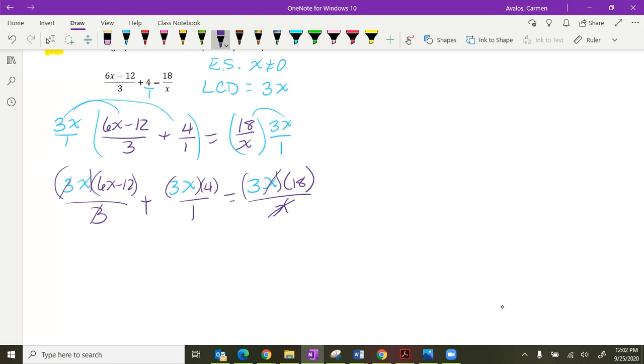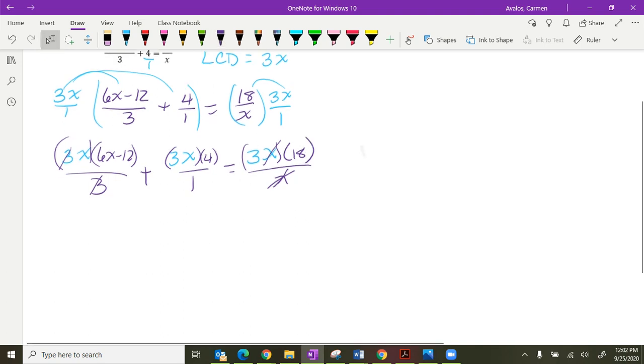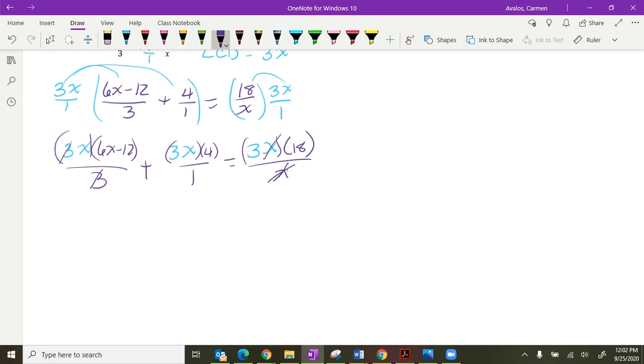If I didn't have an x in it, that x right there wouldn't have canceled either. Now we get x times 6x minus 12 plus 12x equals 3 times 18.